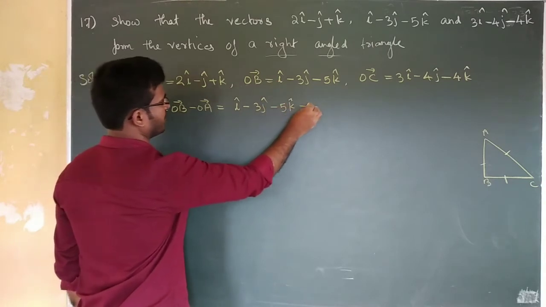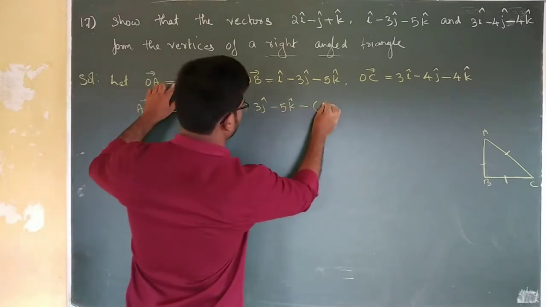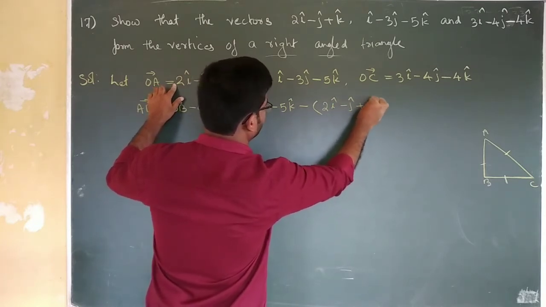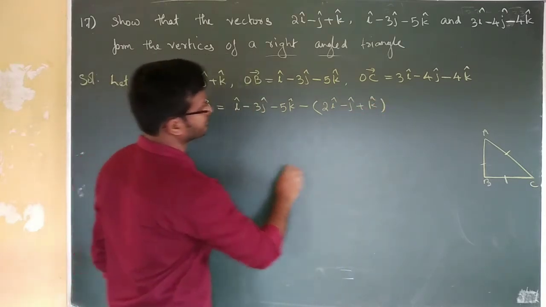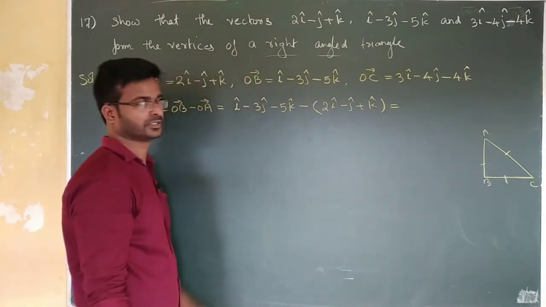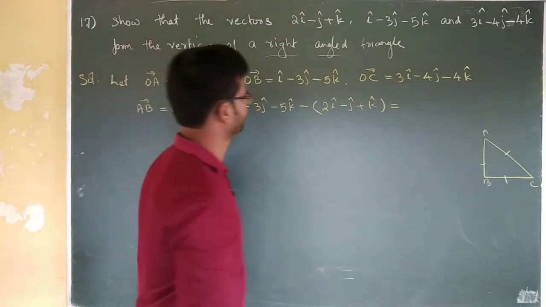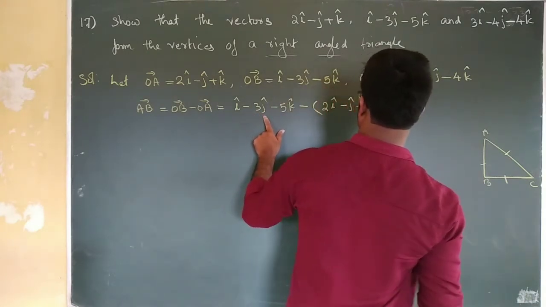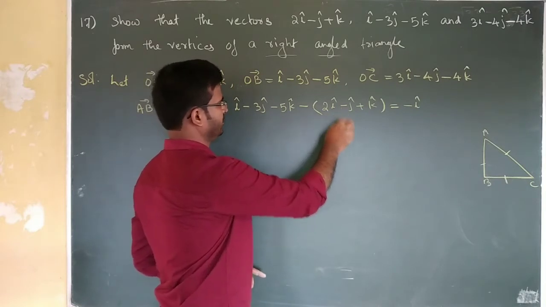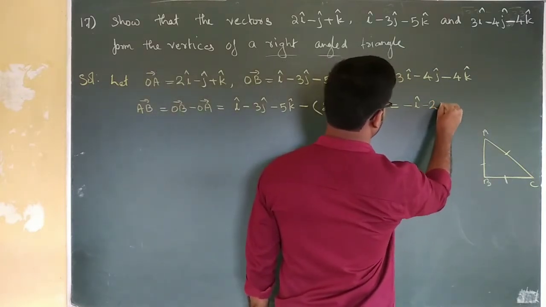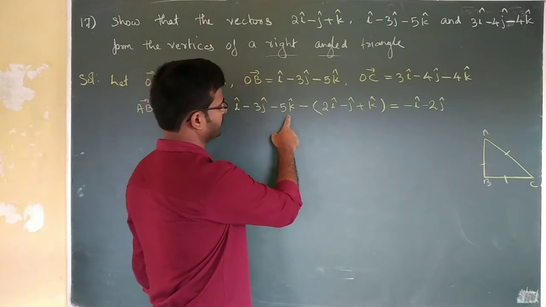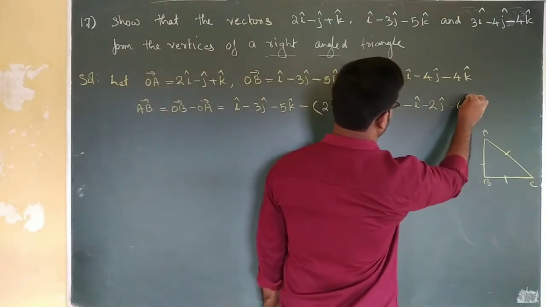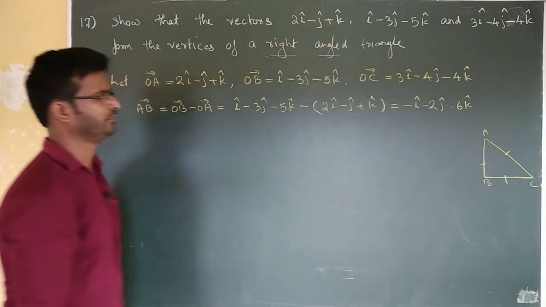OB vector minus OA vector, the first vector is 2i minus j plus k, equal to i minus 2i will get minus i, minus 3j plus j will get minus 2j, minus 5k minus k is minus 6k. This is our AB vector.